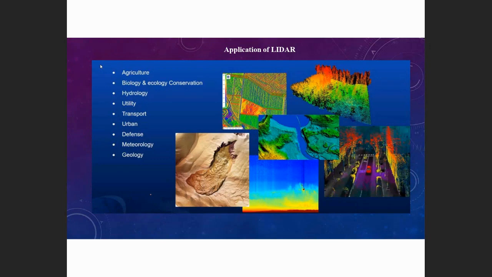Now utility mapping, for example electric high tension lines. Using drones, people now do this type of LiDAR mapping to create a map. In this picture I have one example, so I will show you how it looks. For transportation and urban area mapping, nowadays people use LiDAR for 3D city modeling.